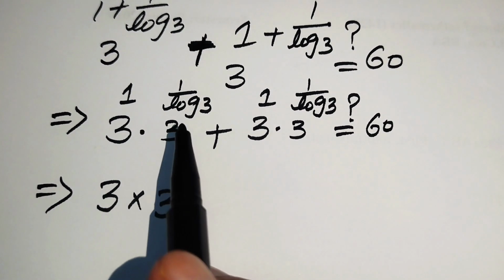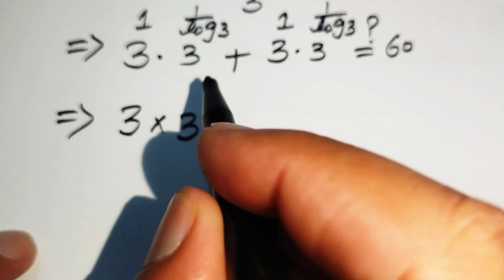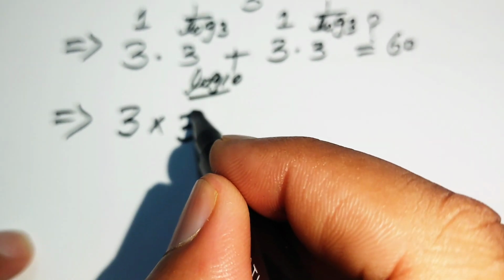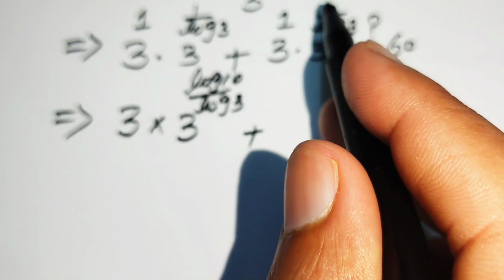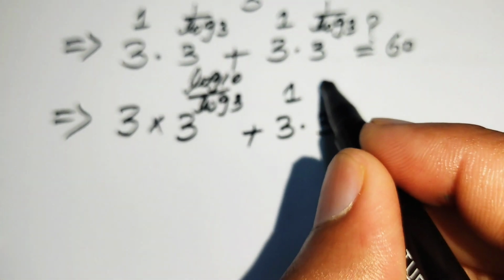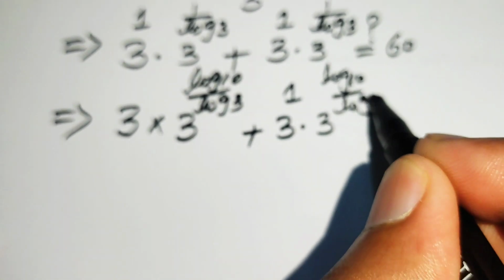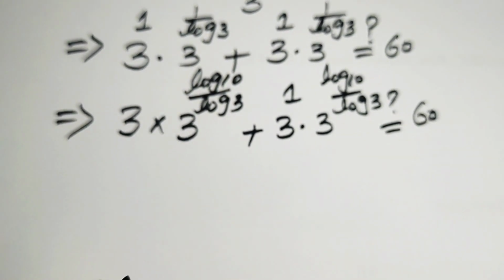Here we know that log 10 is equal to 1, so we replace 1 with log 10, divided by log 3, and similarly in the other term we again replace 1 with log 10. It is written as 3 to the power of log 10 divided by log 3, and we check whether this equals 60 or not.